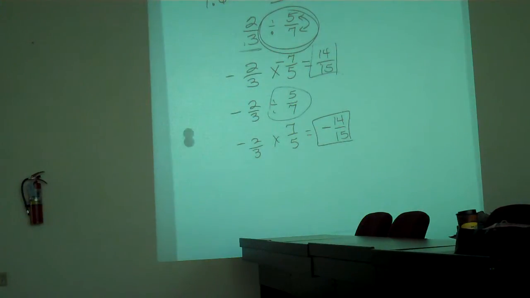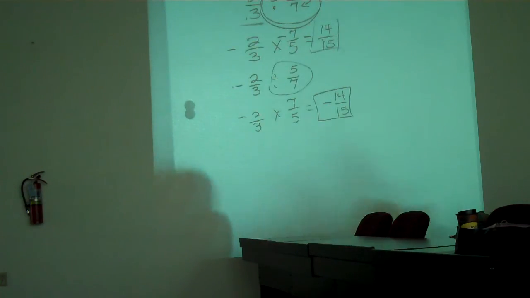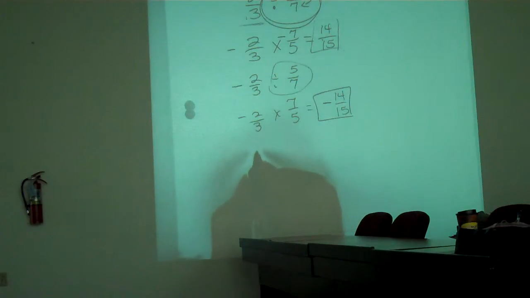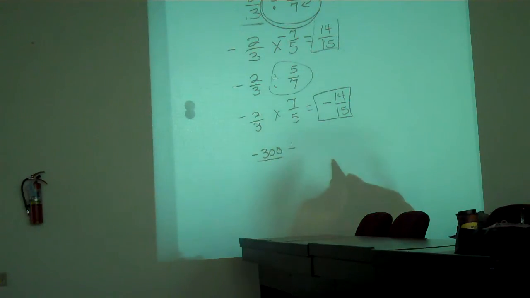Okay. What is the reciprocal of a whole number? What if you're dividing by a whole number? If we have negative 300 over 7, divided by negative 16.